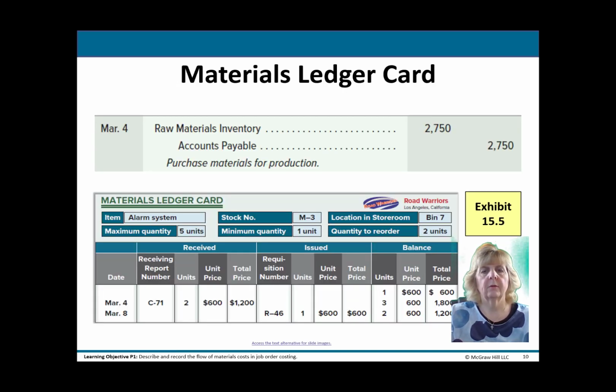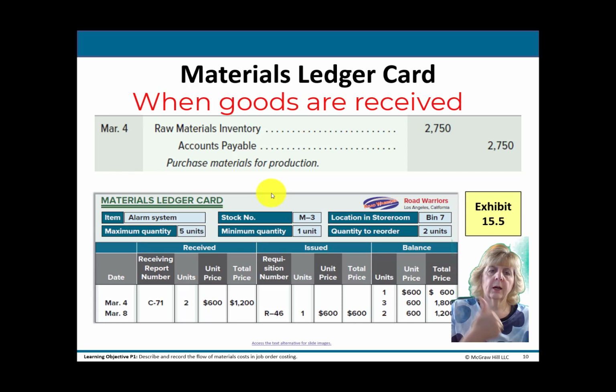Here's an example of a materials ledger card. So think about the raw materials arriving at the back of the dock of the company who's making the product. Raw materials is going up. So when raw materials come in, the raw materials account is debited to increase the asset, and the liability also goes up unless they're paying cash.